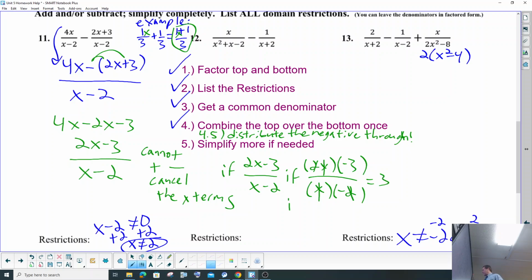But that's if and only if multiplication is present.